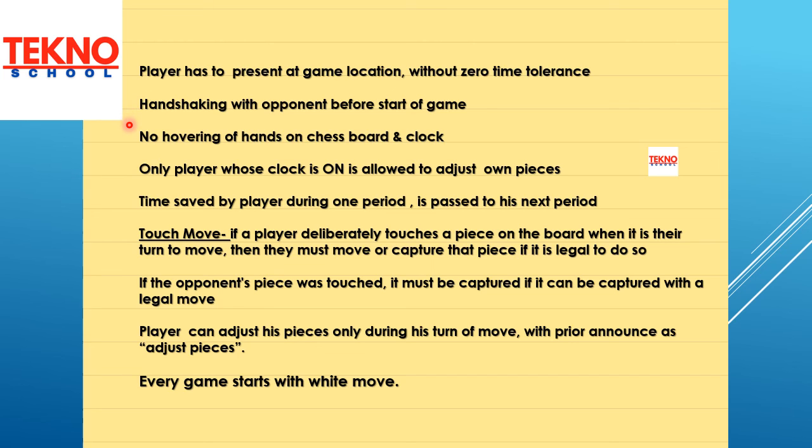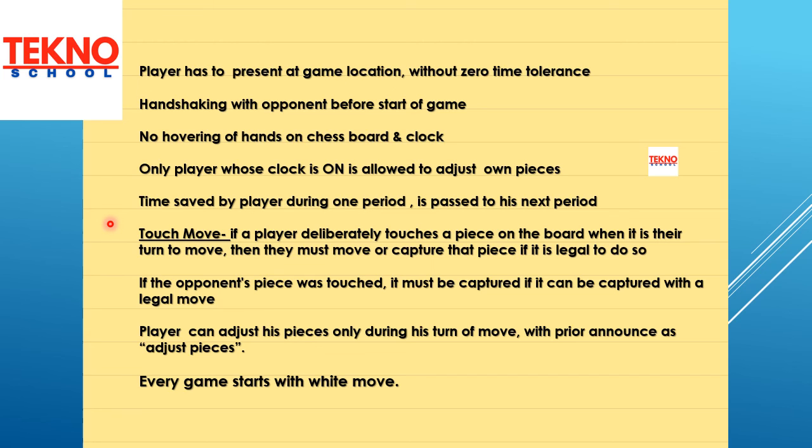Handshaking with the opponent before the start of the game. No hovering of hands on the chessboard and clock. Only the player whose clock is on is allowed to adjust pieces. Time saved by a player during one period is passed to the next period.